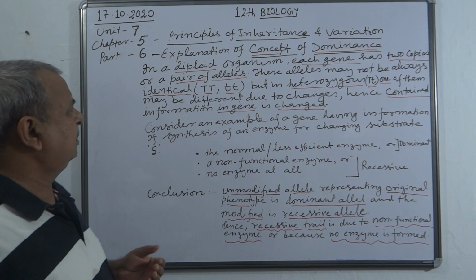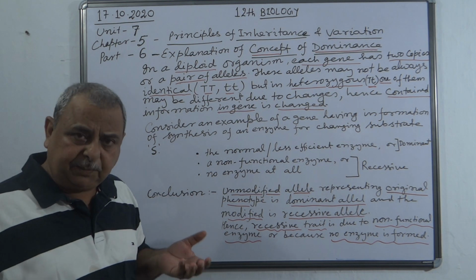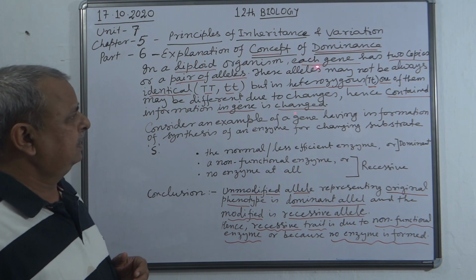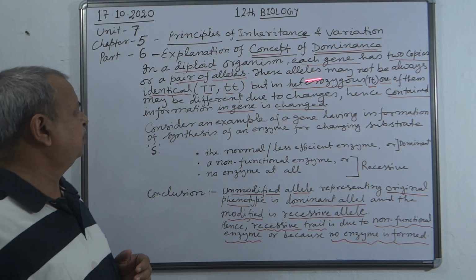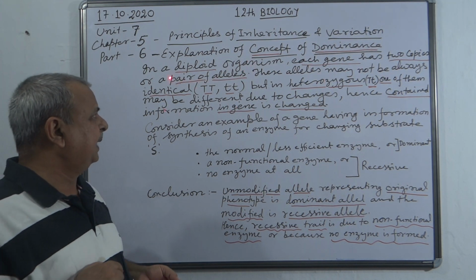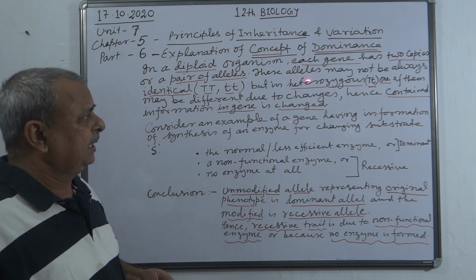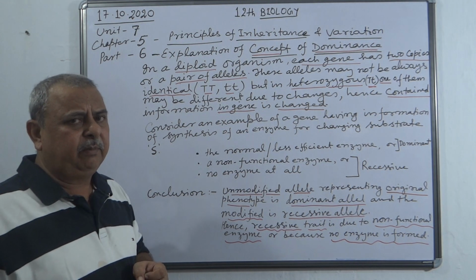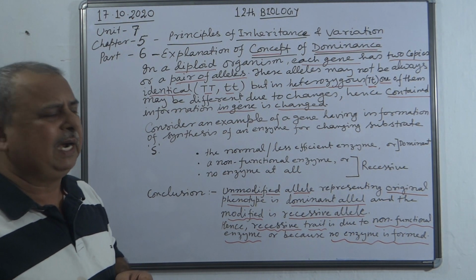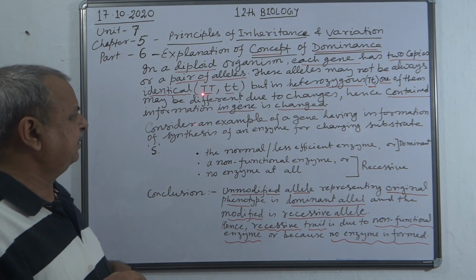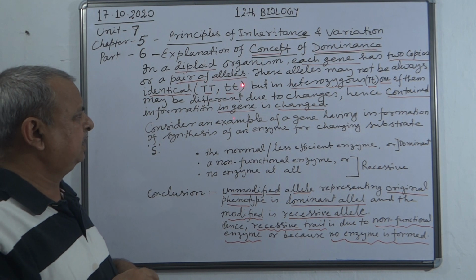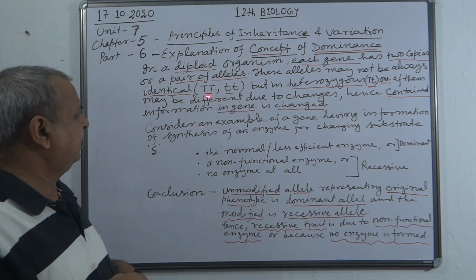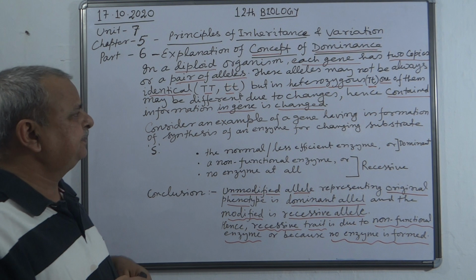As you know, we are diploid organisms and each gene has two copies, or a pair of alleles. These alleles may not always be identical, as in capital TT or small tt, which are identical alleles.